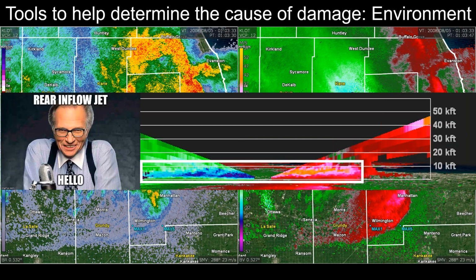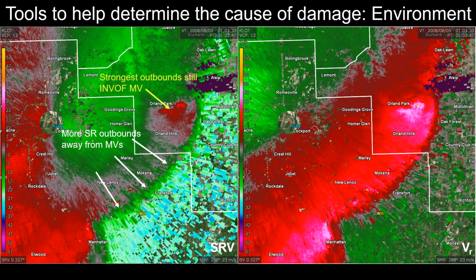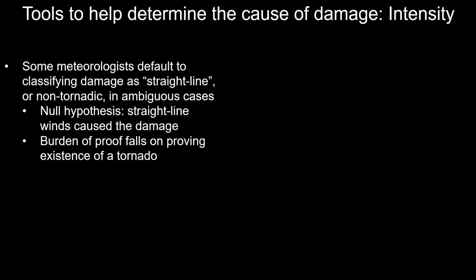But if you look at, again, storm relative and base velocities, you notice that even aside from the mesovortices, you have more storm relative outbounds than we had in the November 2017 case, which again jives with this idea of combining some of the horizontal momentum transport from the rear inflow jet and adding in the mesovortex effect to give the absolute maximum in wind damage.